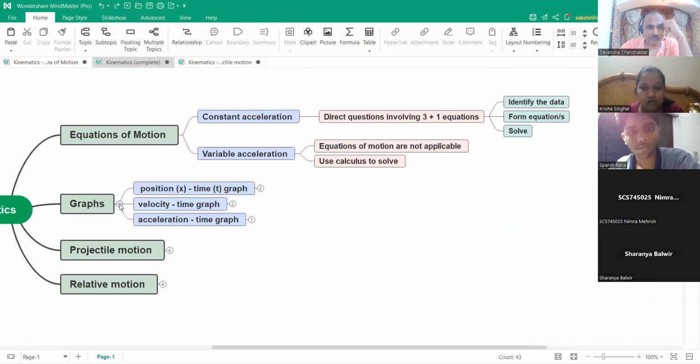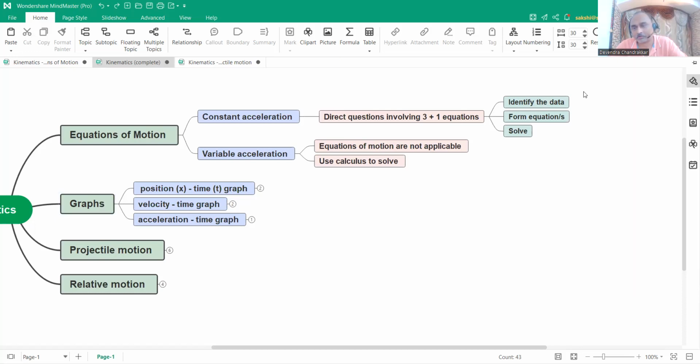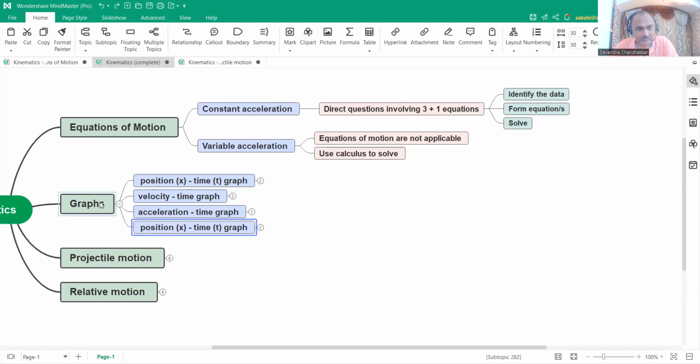In graphs, there are 3 types of graphs. First of all, remember that graphs can be drawn only for one dimensional motion. All of you are aware of it or not? Yes or no? So remember it. Let me write it here.